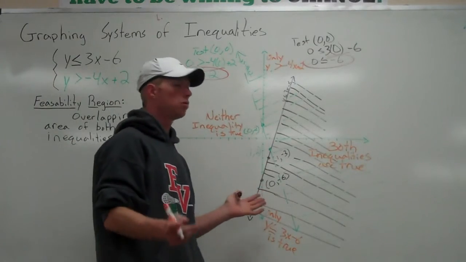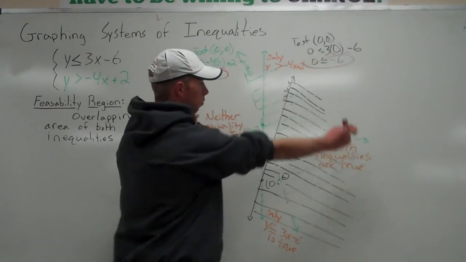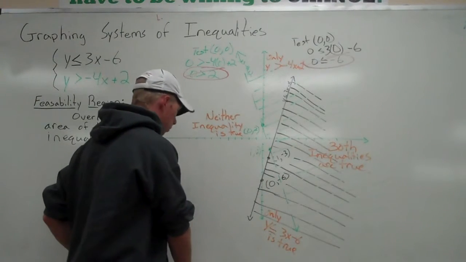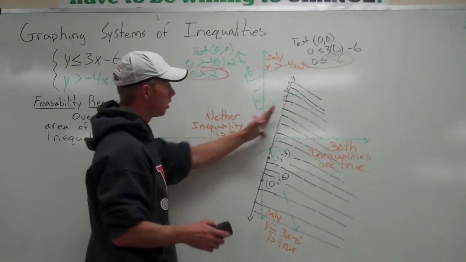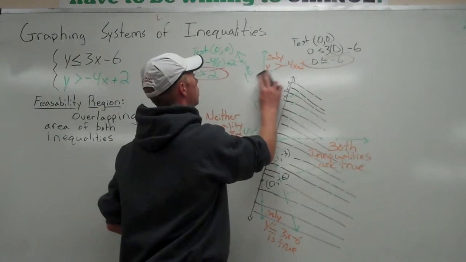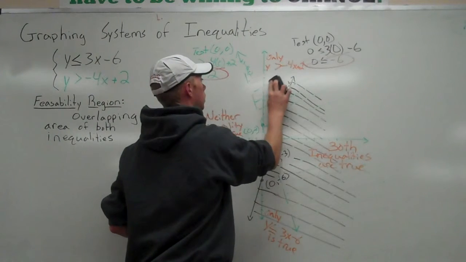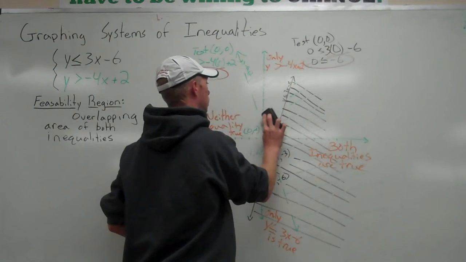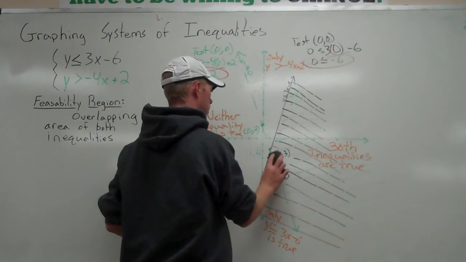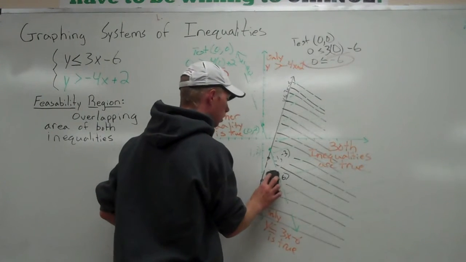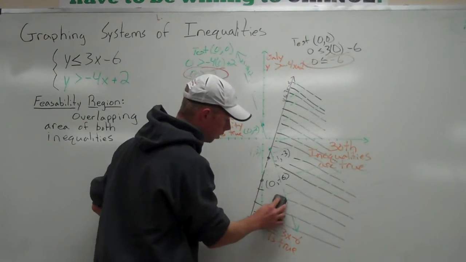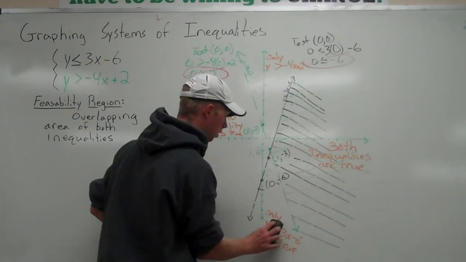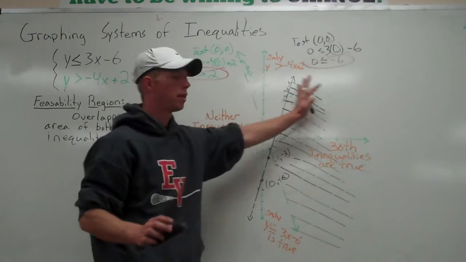So when it asks you to solve by graphing, you actually put this graph on your answer sheet. And the way I would like to see it is to actually just take away the shading in these areas, so that the only area that is shaded is the area that both are true.